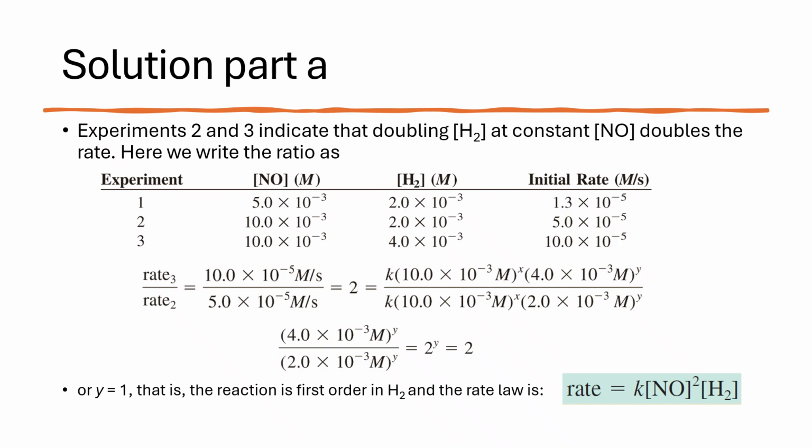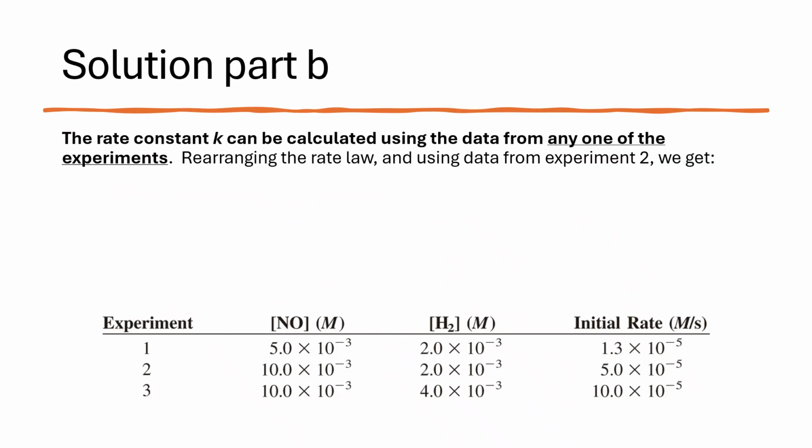Why preliminary? Well, we have the rate constant that we now need to calculate. The rate constant can be calculated by using the data from any one of these experiments down here. It really doesn't matter which one.